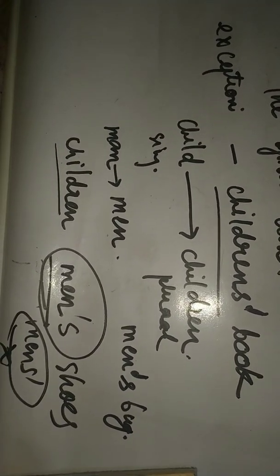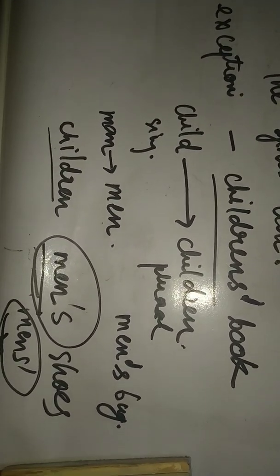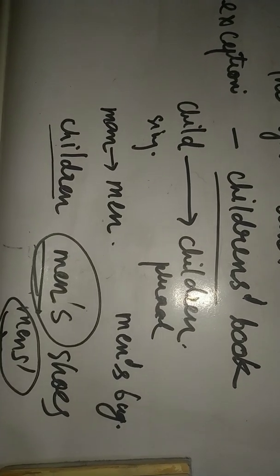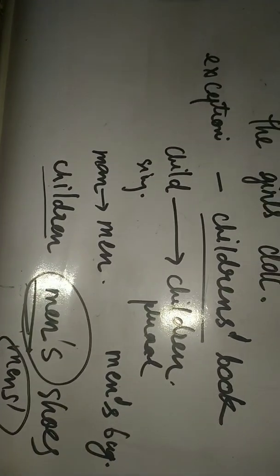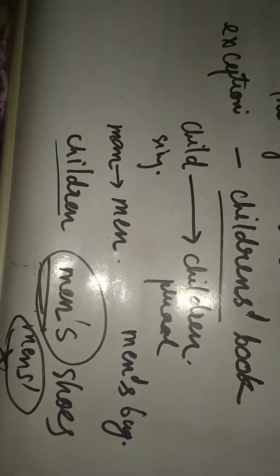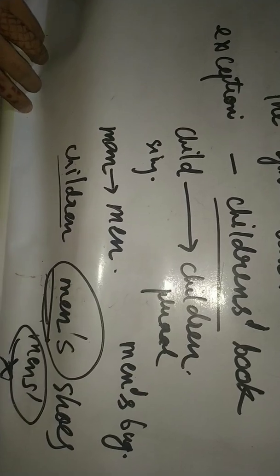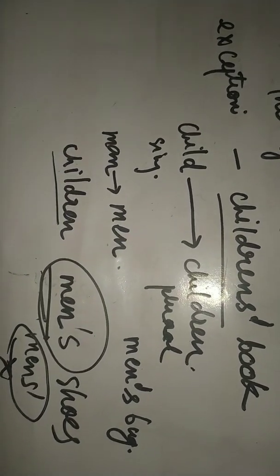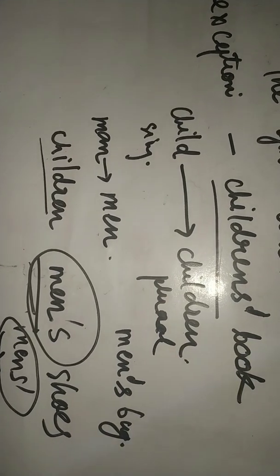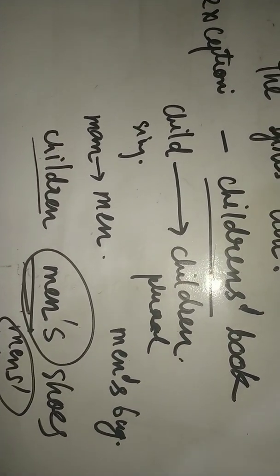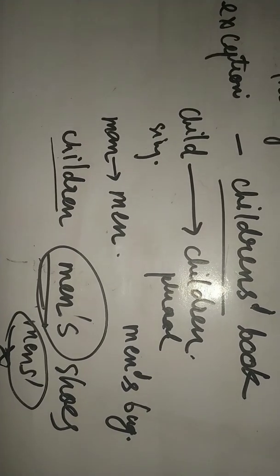But sheep is used as both singular and plural. So in case of sheep, we have to put the apostrophe after the word sheep and then we have to write s.